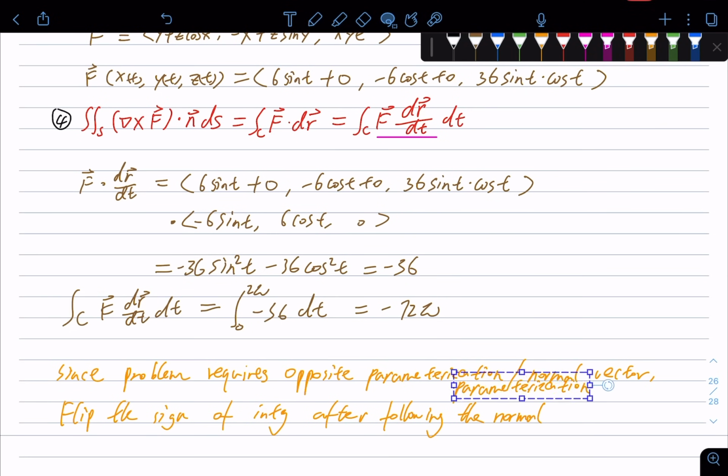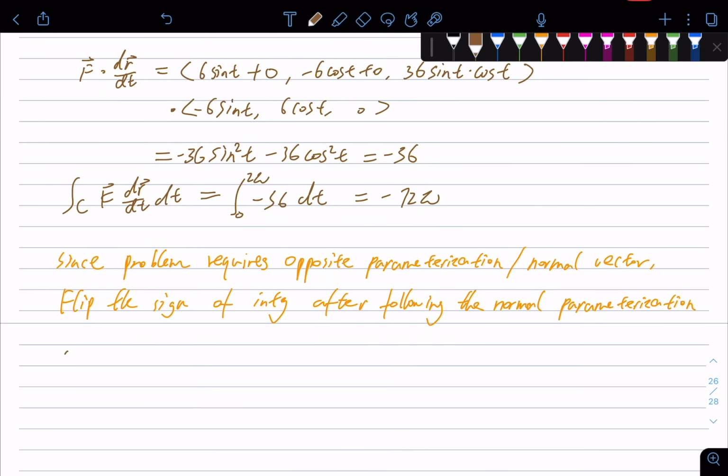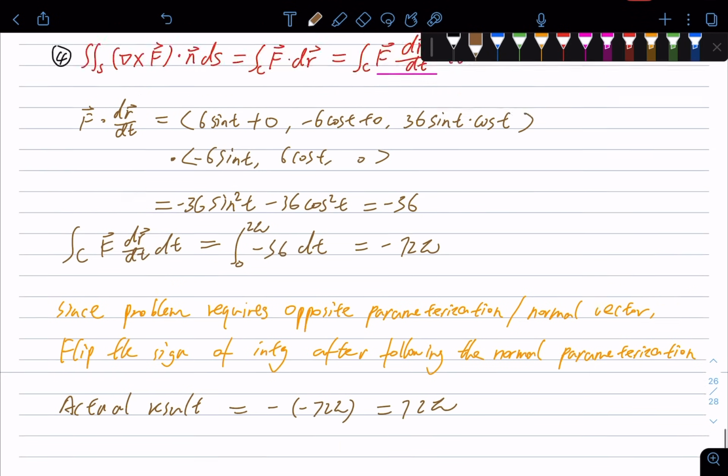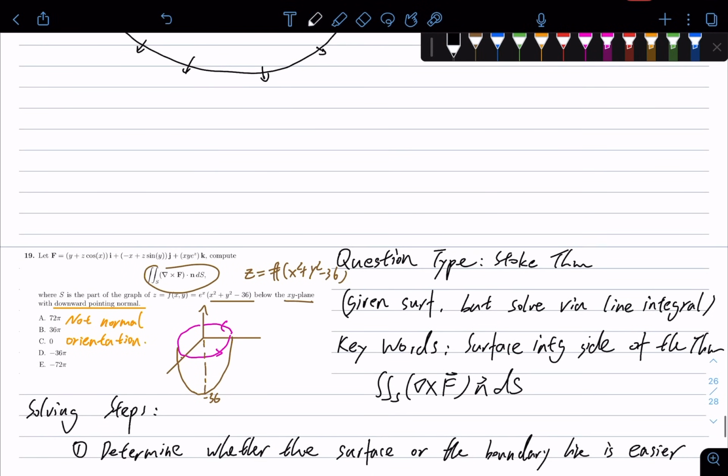Okay? So the actual result will be negative of negative 72 pi, which equals 72 pi. And this is the correct answer for question number 19.